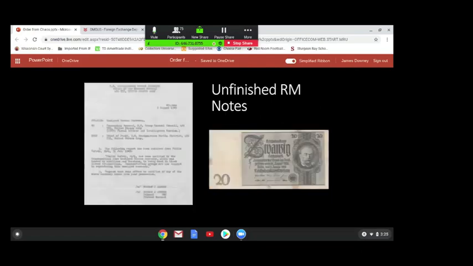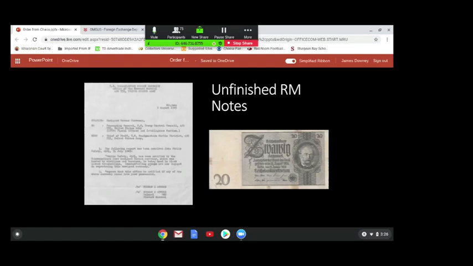Then on top of that, there are unfinished notes. And this is a report coming out of Berlin in August of 1945. Incidentally, all of the notes pictured, the documents come from the records. All of the notes pictured are notes from my collection.